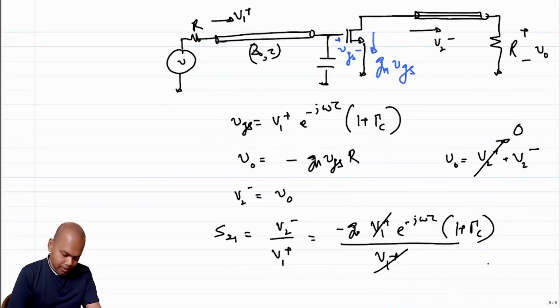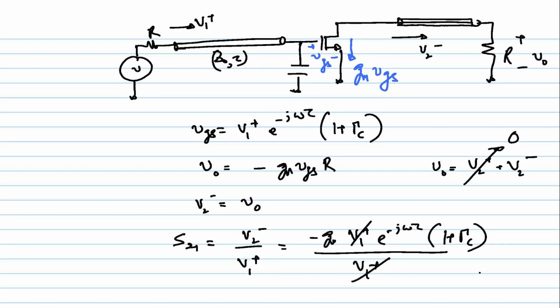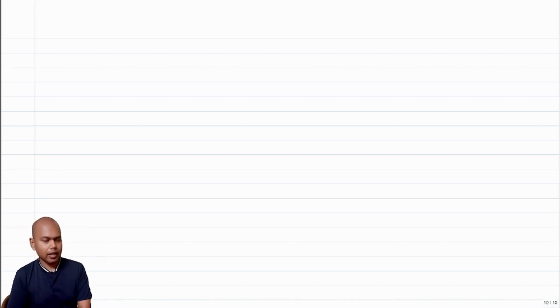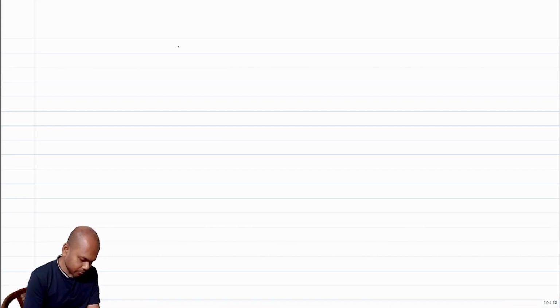Before we end today's lecture, there is something I would like to point out. When you use, let's say, a simulator to find out S21, S11 and all those parameters, you have to be careful about one important thing.